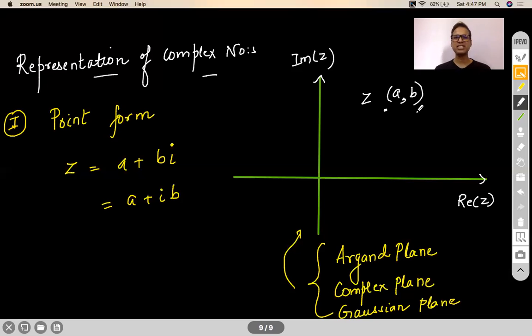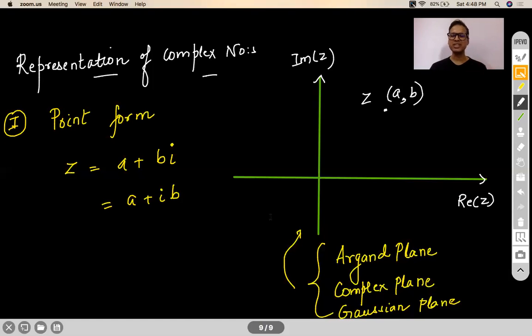Remember in the beginning of the chapter, what did I tell you? This is the chapter which has got many faces to it. One of them is coordinate geometry representation. So if you represent a complex number just like a point on the Argand plane, it will look like this, and that's why it is called a point form representation.